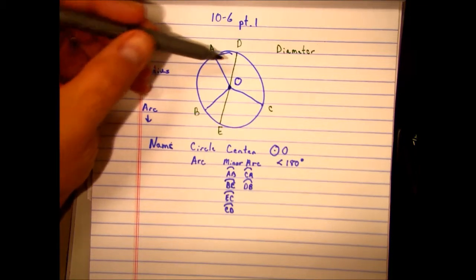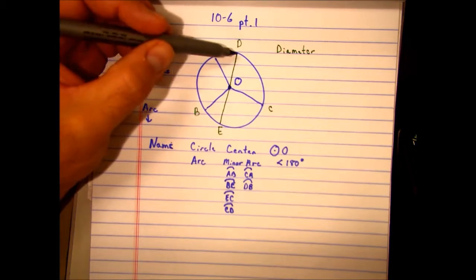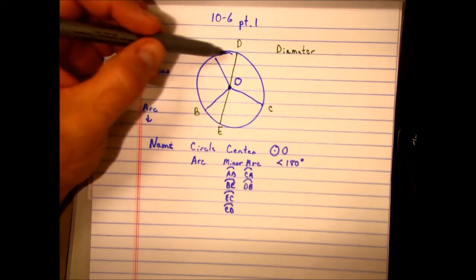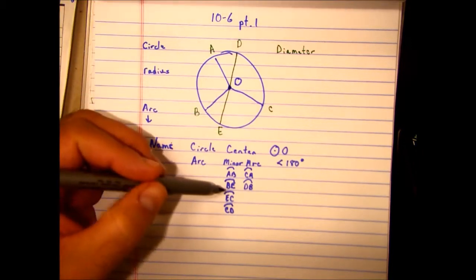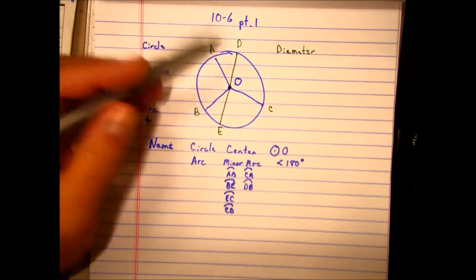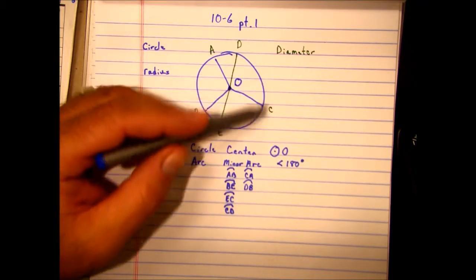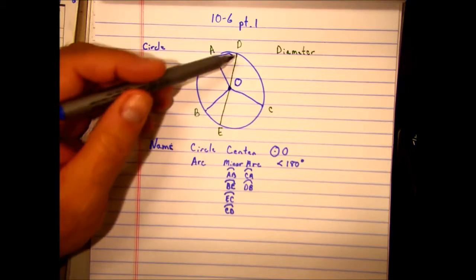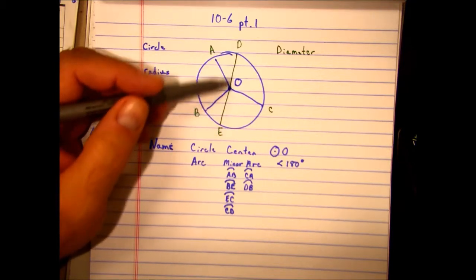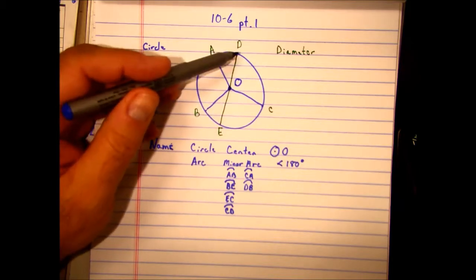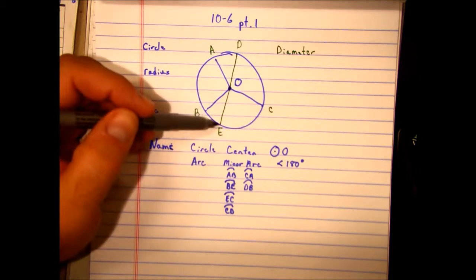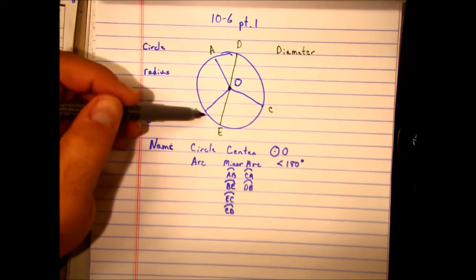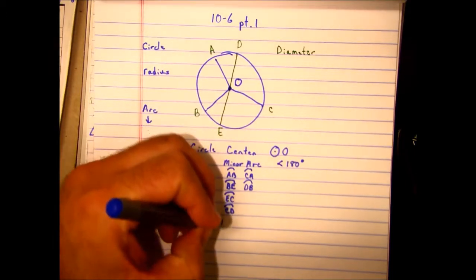You know that you are going the shortest distance when it's only two letters because it has to be less than 180. In other words, I can't go D, B. That's not a minor arc. This right here is a diameter. So if I start at D and I go past it, that's more than 180. That's called a major arc.